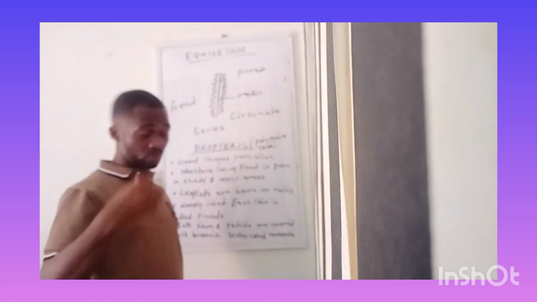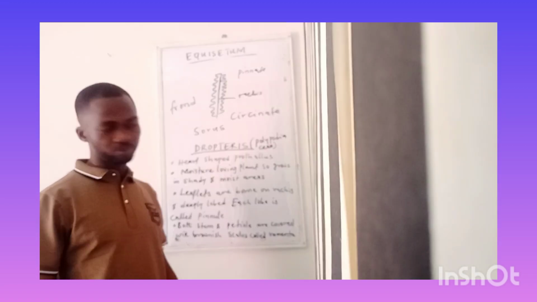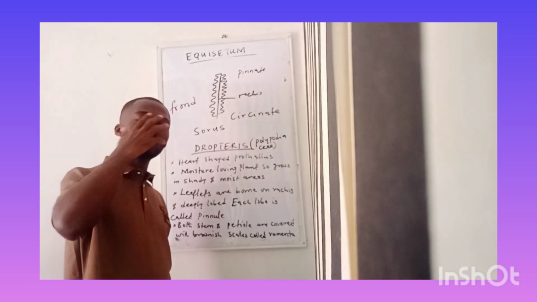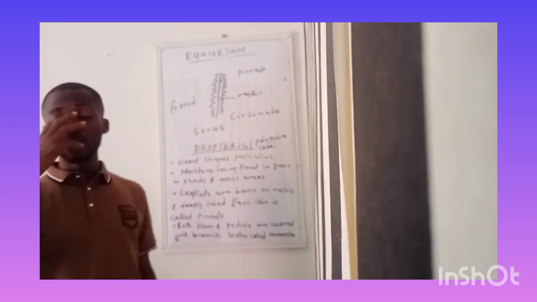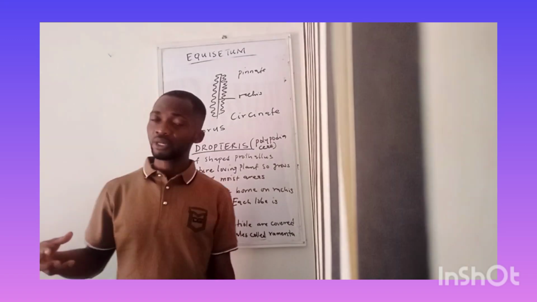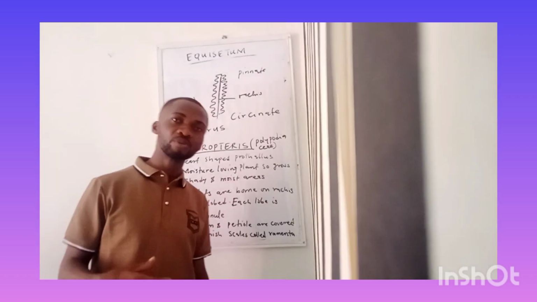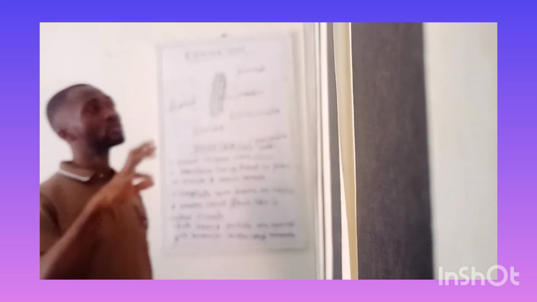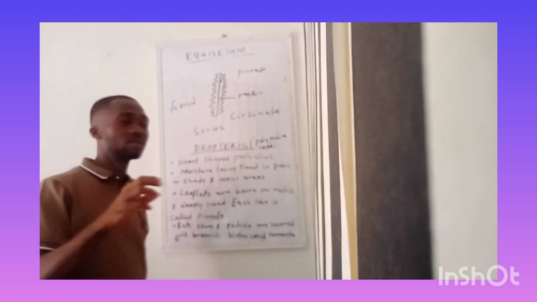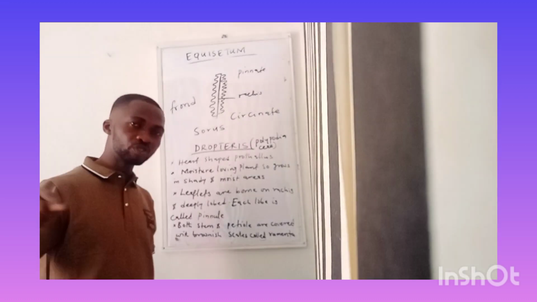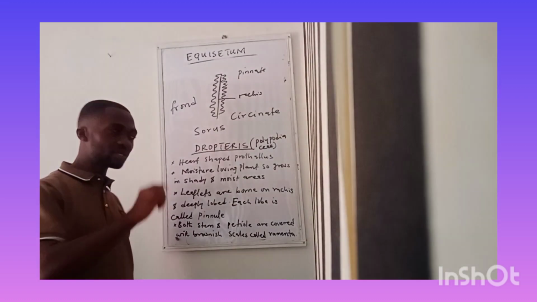So this sorus is what houses the sporangium. The sori are borne on the sporophyll, and the sporangia are found inside the sorus.